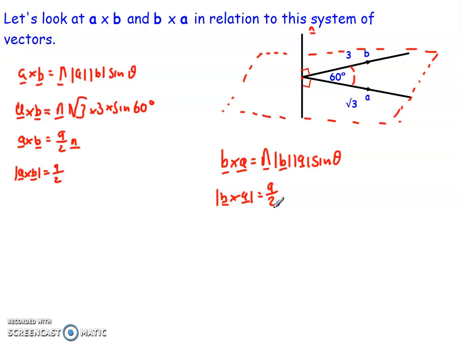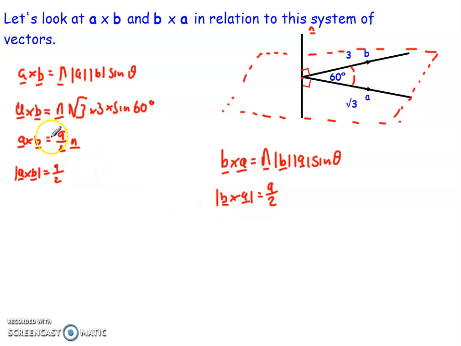If I were to take my hand, so I could make it the same as my right-handed system for the a cross b, I'd have to turn it upside down, and then my fingers would represent the same vectors, the a and the b, in the plane that I defined at the start. The only difference is my normal n would point down the way. So yes, they've got the same magnitude, which is expected. The only difference is my b cross a is now a vector with a different direction, so the opposite direction to the vector a cross b.